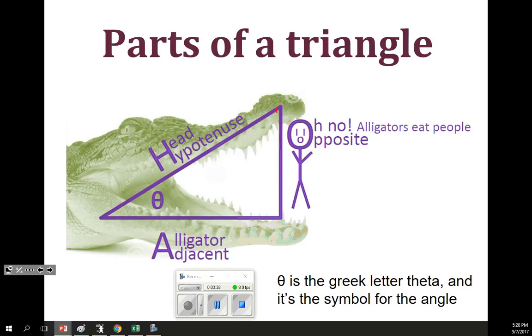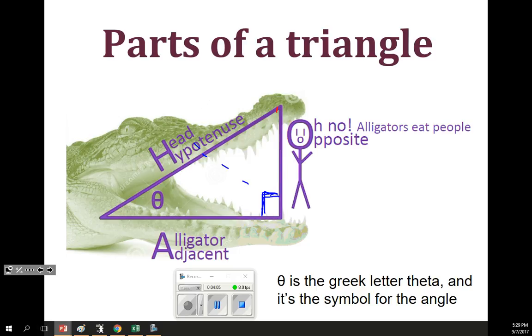Now, if the alligator cartoon does not work for you in helping you understand this, I want you to notice that there is a right triangle in here. And this right triangle is going to help you identify your hypotenuse. So your hypotenuse is opposite your right angle.